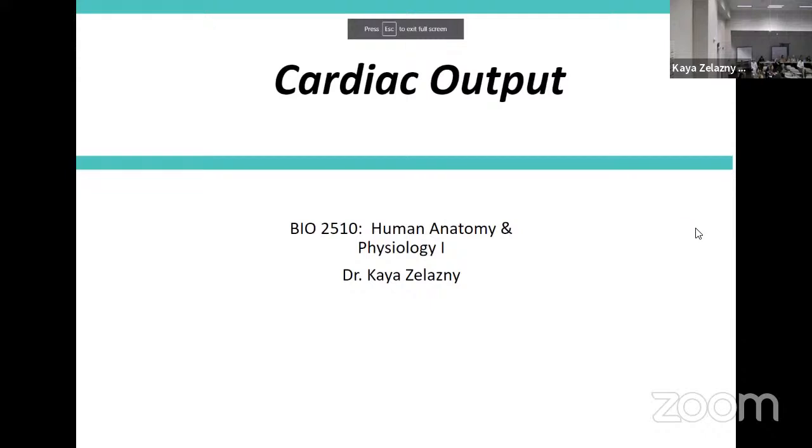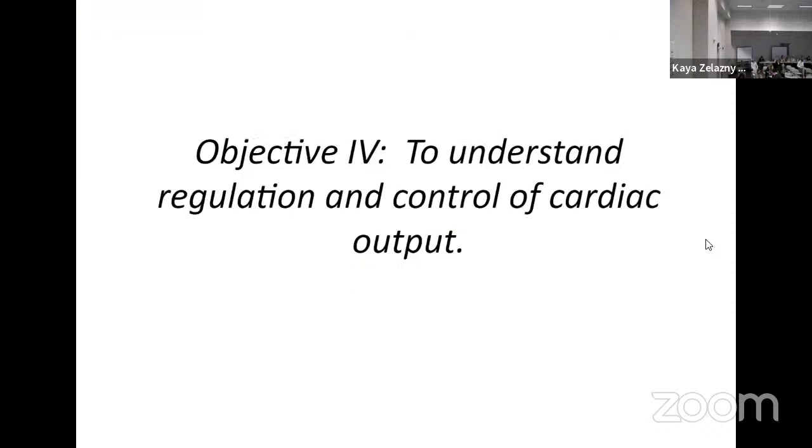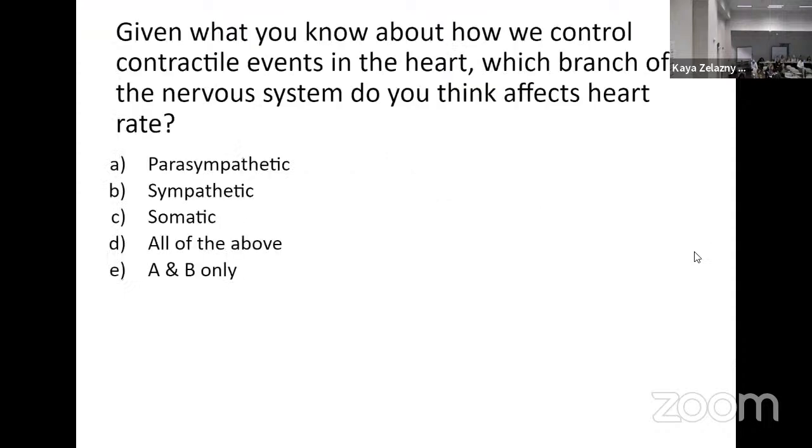So now we're going to move forward and think about cardiac output. When we're thinking about cardiac output, it really is just how much blood we're losing from the heart. But we're going to link this up to something we talked about in our last unit.